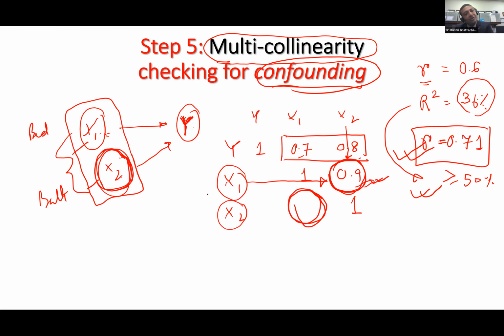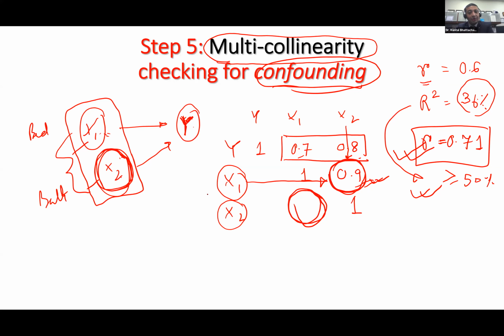And then the question you would ask yourself is, so Dr. B, which one do I take out? Do I just wake up in the morning and tell myself today X1 is my favorite or X2 is my favorite, or is there some logic behind it that shows up right away in this table that allows me to make the logical decision that one of those variables X1 or X2 has to go.